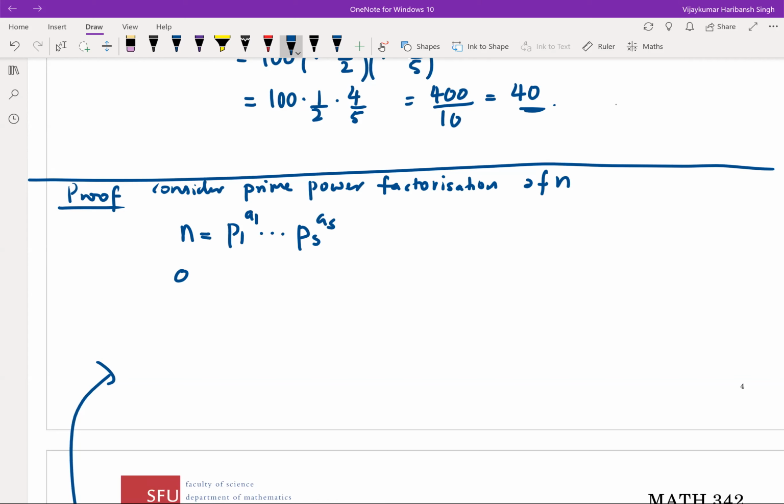Now phi is multiplicative, so we get phi of n equals phi of, so one of the forms can be p1 to the a1 minus 1 times p1 minus 1, ps to the as minus 1 times ps minus 1. So this is one of the forms of the previous factorization.